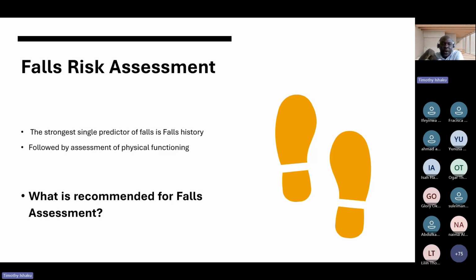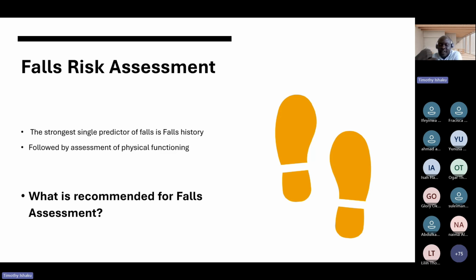I mentioned that the strongest single predictor of falls is falls history. Whilst it is the strongest predictor, the recommendation is not just to use falls history for falls risk assessment simply because it's the strongest predictor.